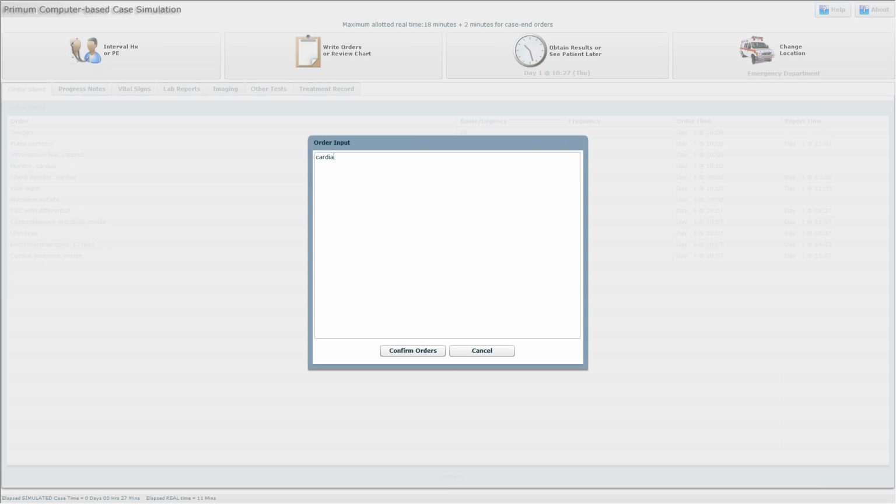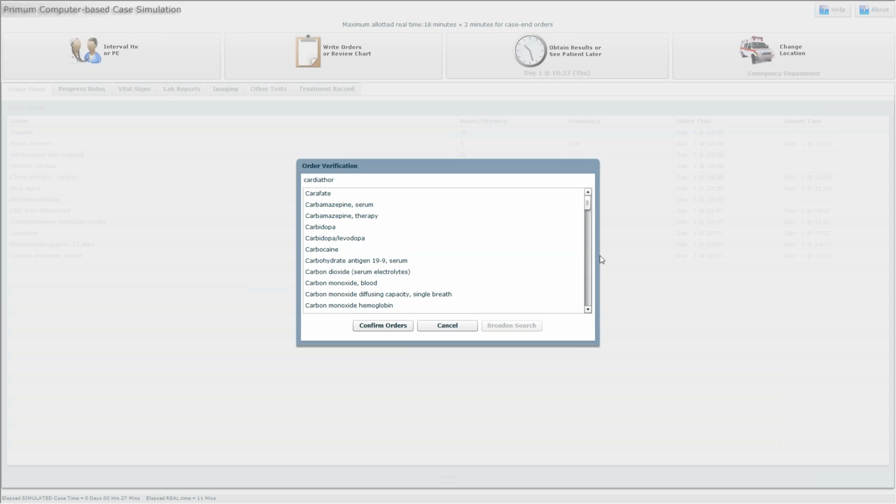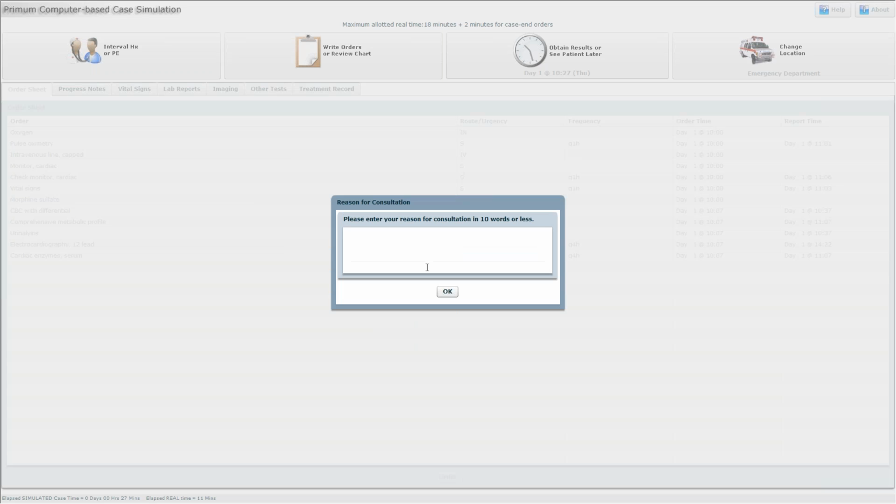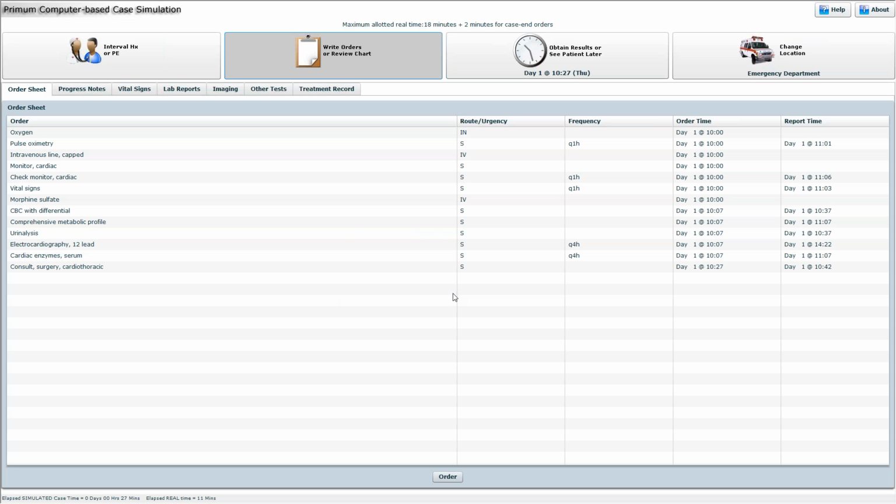Sequencing of the cardiothoracic surgery consult before knowing whether this patient is a surgical candidate is a wrong approach. I told you the reason for consultation doesn't matter. Don't waste your time on that. If you want to be specific, you can put something like aortic dissection, but don't waste a lot of time on that. So your cardiothoracic surgery consult is coming back at 10:42.